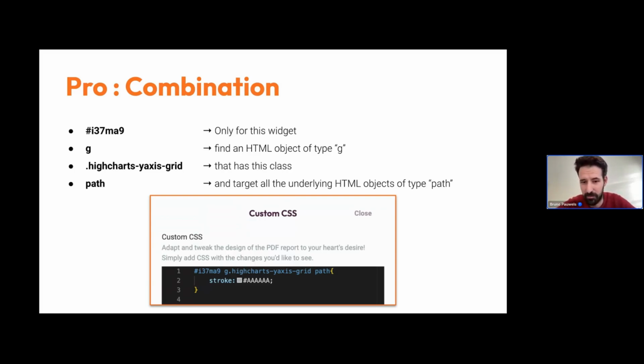Those are the ones that I'm going to target, and I'm going to make them light gray in this case. So this is finding that specificity of what I need and what I want to change. In most cases, it doesn't need to go this far, but when you want to change something very specific in one specific chart, you might need to get closer to this.